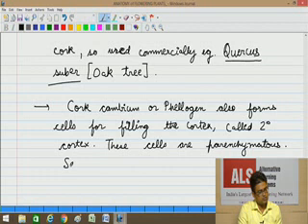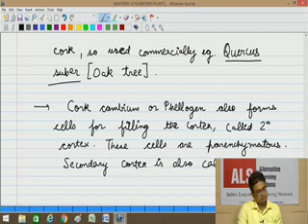Secondary cortex is also called phelloderm.